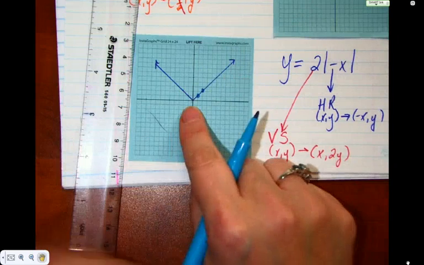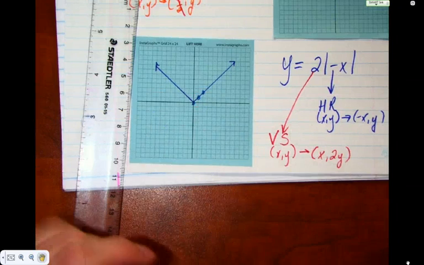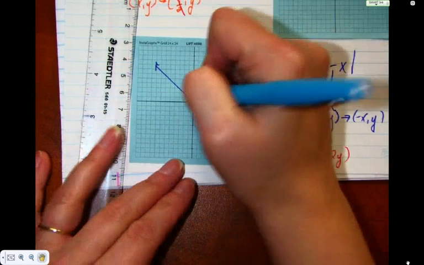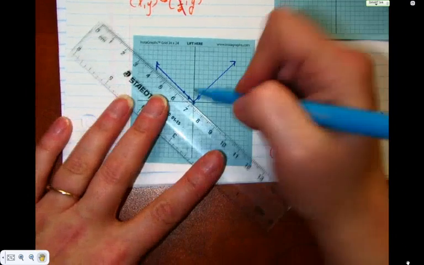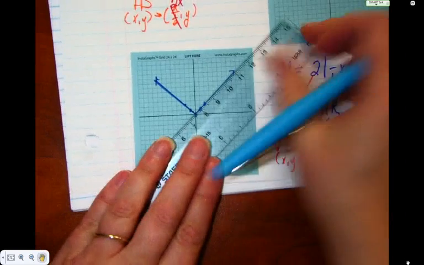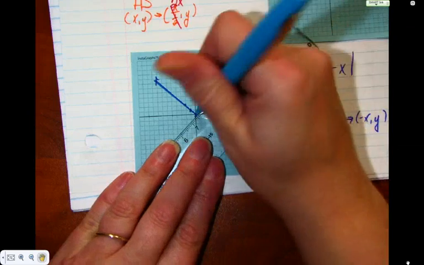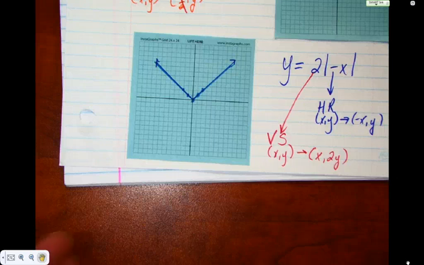Next point is 0. Next point was 1. It's going to go to negative 1. What do we see that's happening here? It's the exact same. So to show that, you can either leave it, or if you like using the colors, you can use the second color just right on top. Okay? If colors aren't your thing, then don't worry about it. Okay, so that tells me you understood there was a horizontal reflection, just this one didn't happen to change.